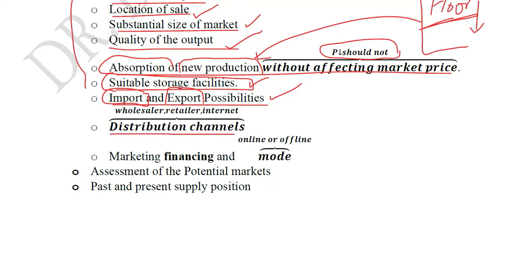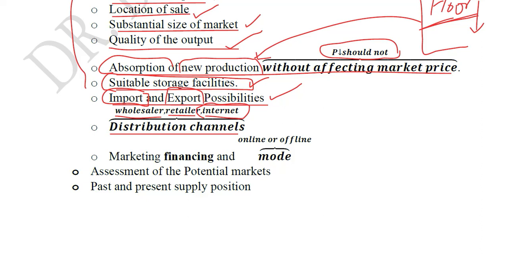And we have distribution channels, where how these will be sold. We will consider the wholesalers that we want to include in this process. We have to contact the retailers if we want to, and we know in this digital era we also have the internet option to sell our goods.